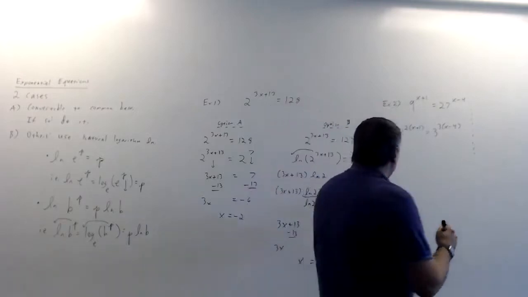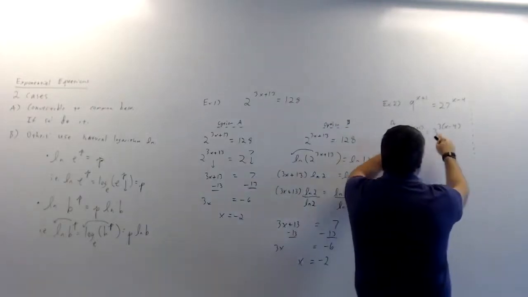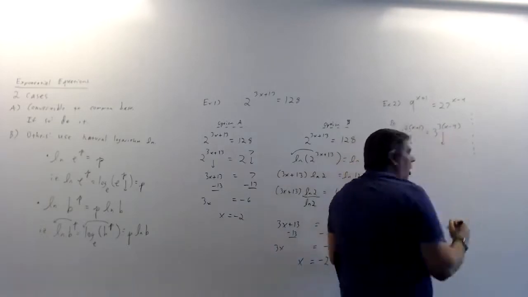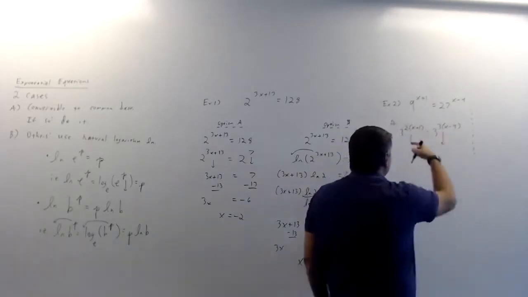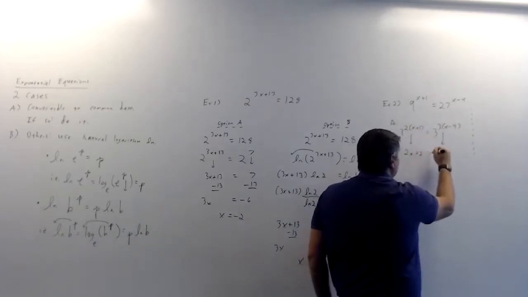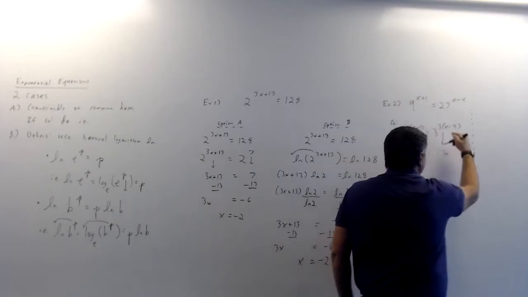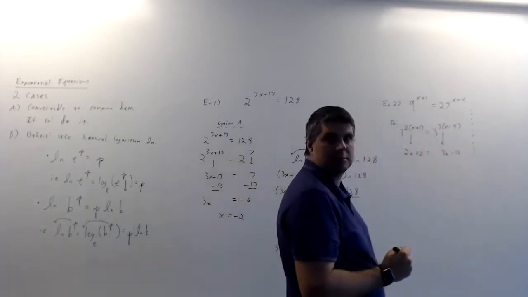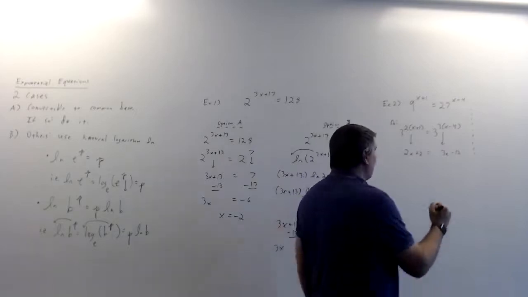Okay? Again, if this equals this and the base equals the base, the exponent has to equal the exponent. I'll go ahead and do the distributive property. 2x plus 2 equals 3x minus 12. Okay, I got x's on both sides. I don't like that.